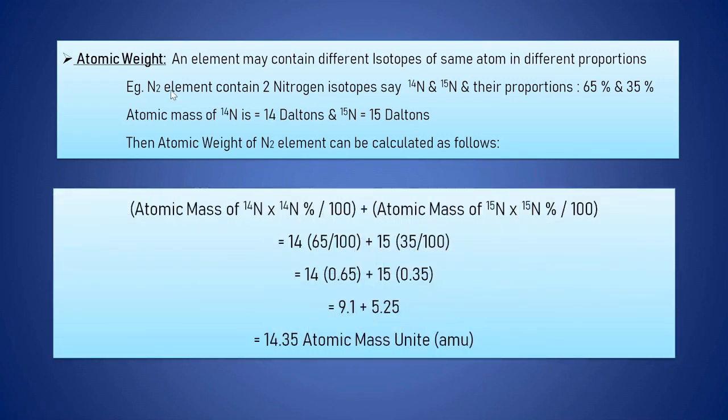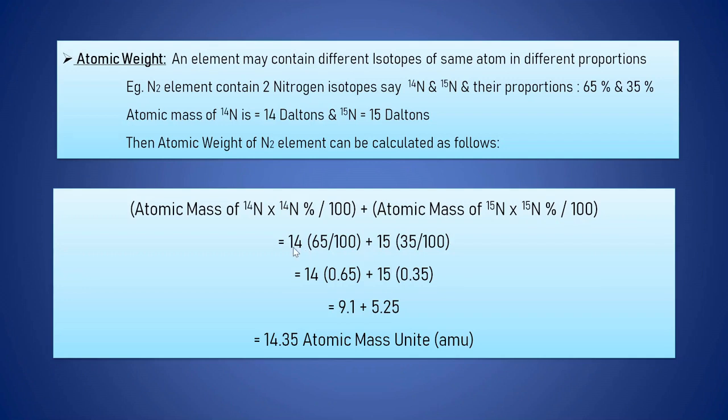Then the atomic weight of the nitrogen element can be calculated as follows: atomic mass of N14 times the percentage of N14 in that element divided by 100, plus atomic mass of N15 times the percentage of N15 in that element divided by 100.